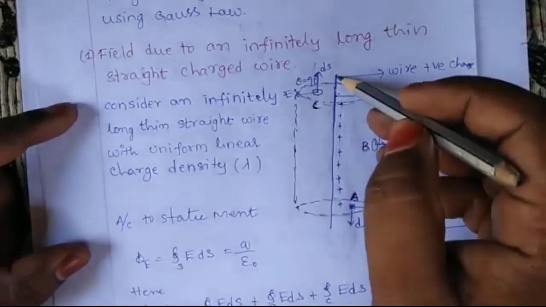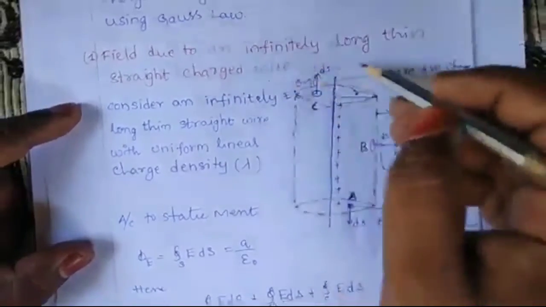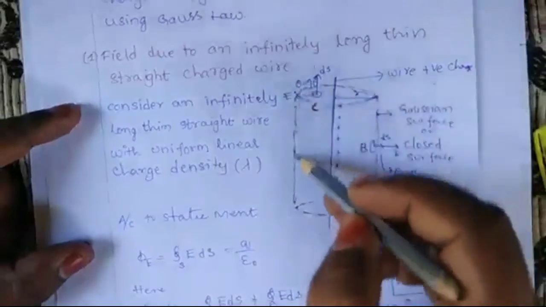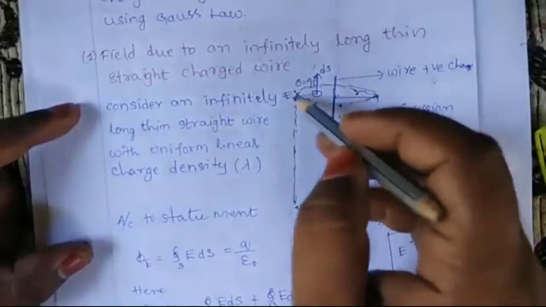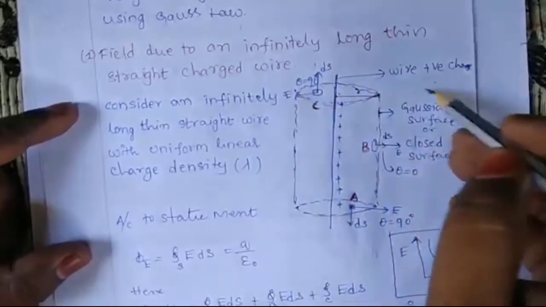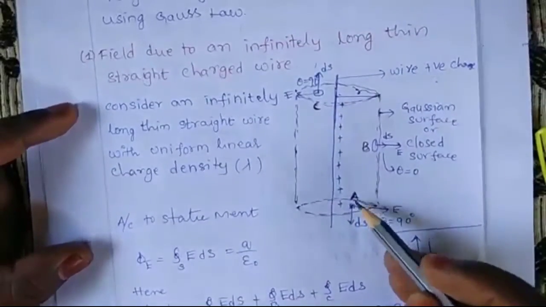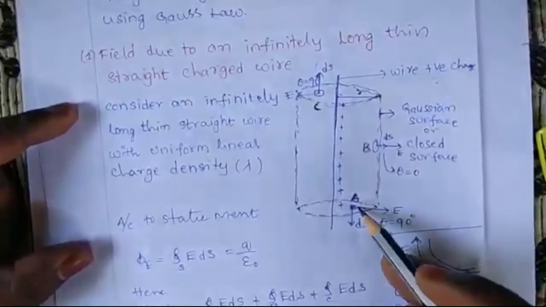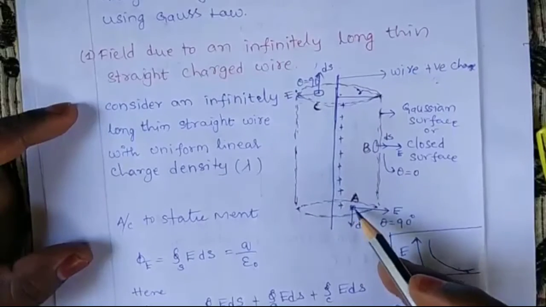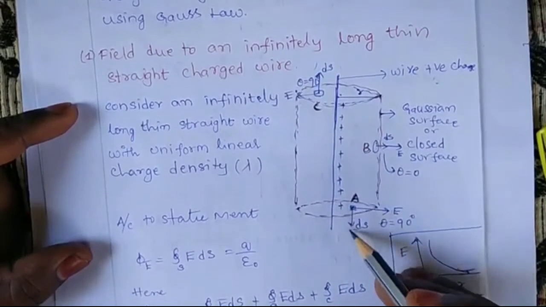Here this is a long thin wire. The dotted line indicates a closed surface, which we call the Gaussian surface. Here we can consider three points A, B, C. At A, the electric field intensity is rightwards and the area vector is downwards.